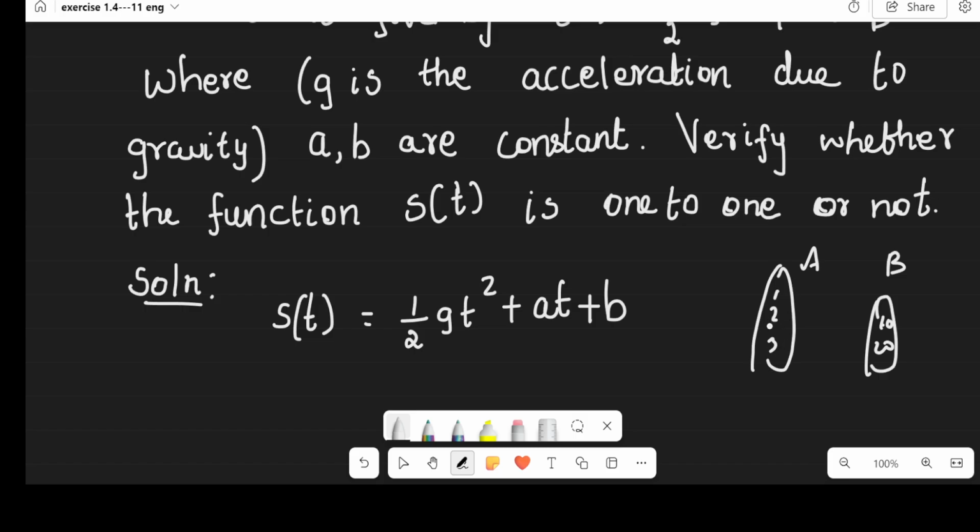What is a 1 to 1 function is, in the first set all the elements should have the relation, that means each element of A should be related to an element of B. That is the relation, connection.